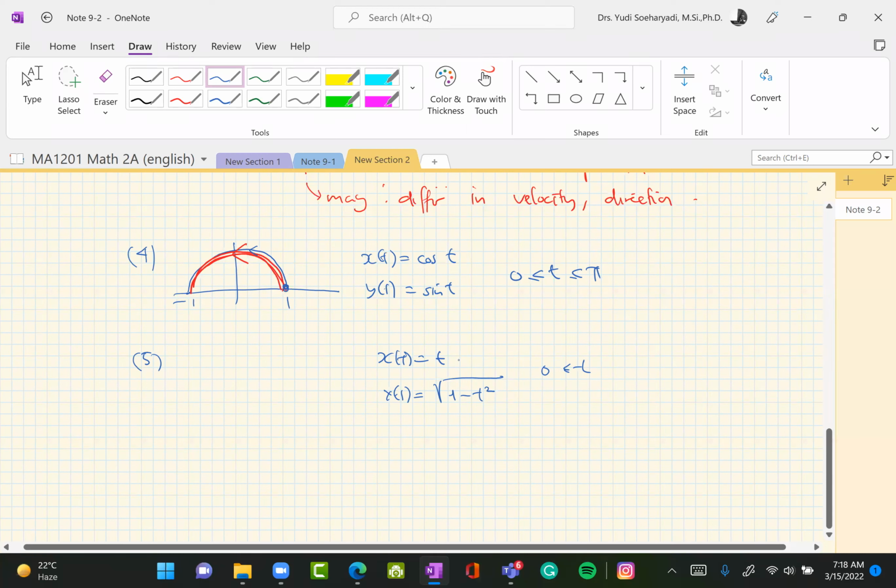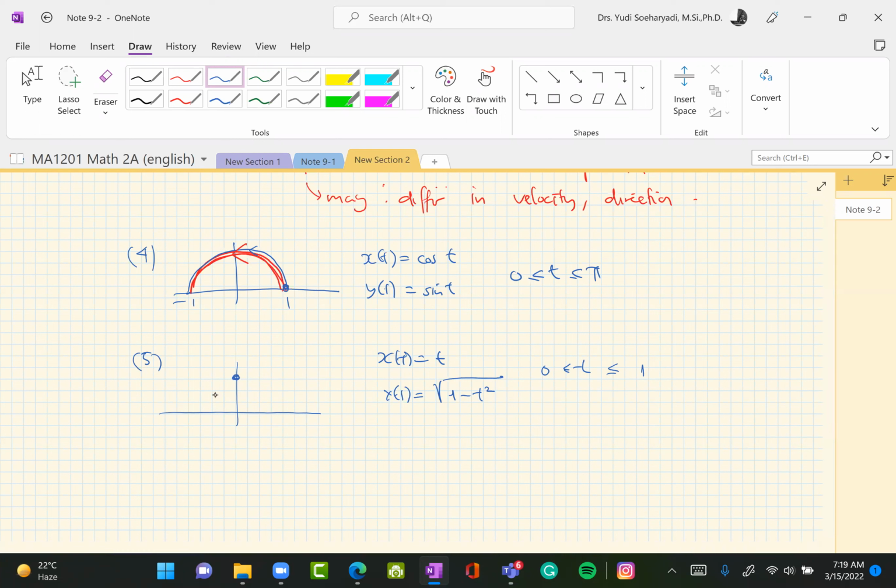I want to have, let's see, if you have this one, then you start with t equals 0, so 0, 1. But at t equals 1, you have 1, 0. Okay, so it doesn't match. Let's see. So from t going only in this direction.